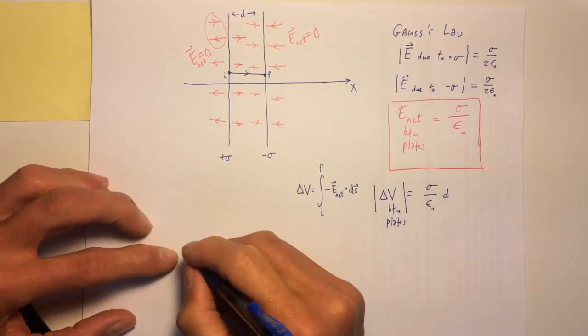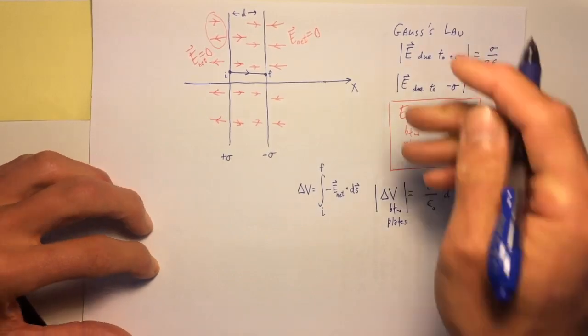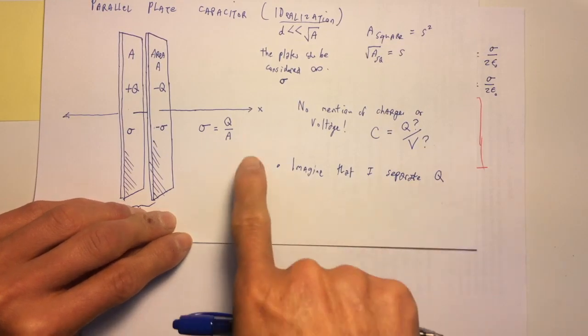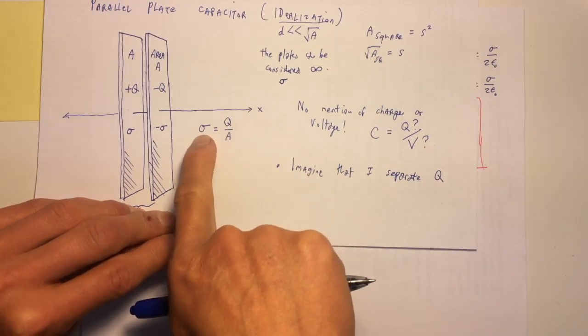So what you can get from that is, well, I've got potential difference. I imagined separating this charge Q, which is where sigma comes from.